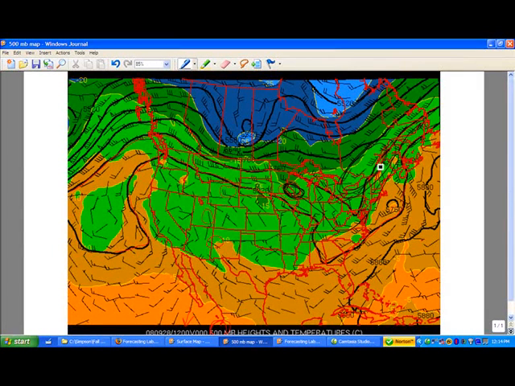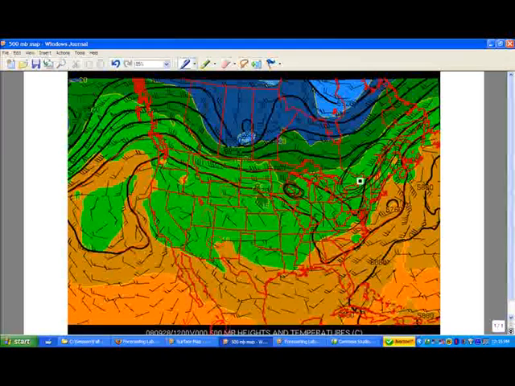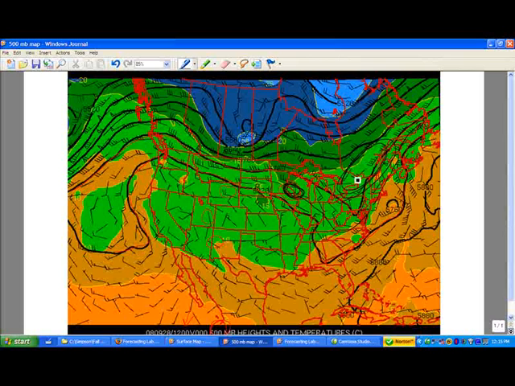So let me pick off some 500 millibar winds over the east here. Right here I'm going to pick out an average. I've got 45 here, 25 here, near the front, so 45 and 25 is 70. Take the average, divide by 2.